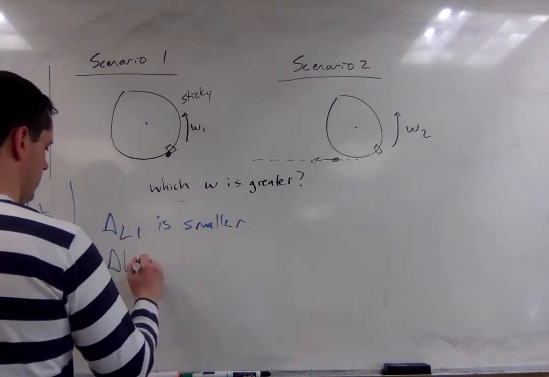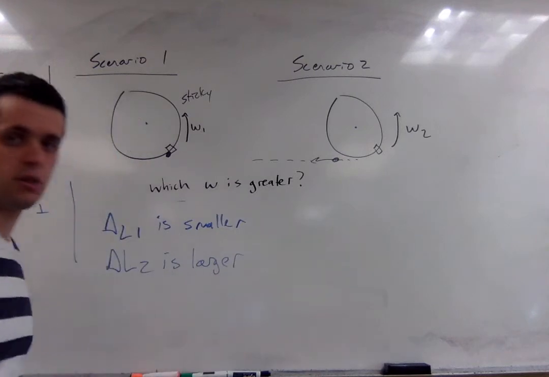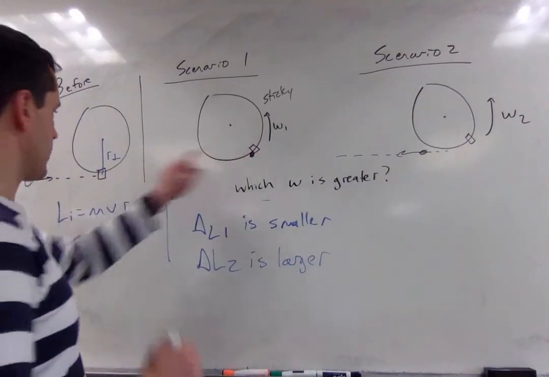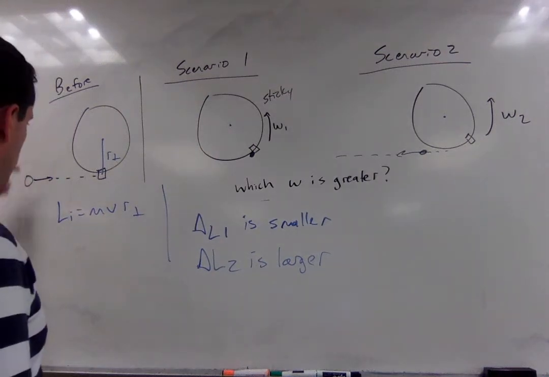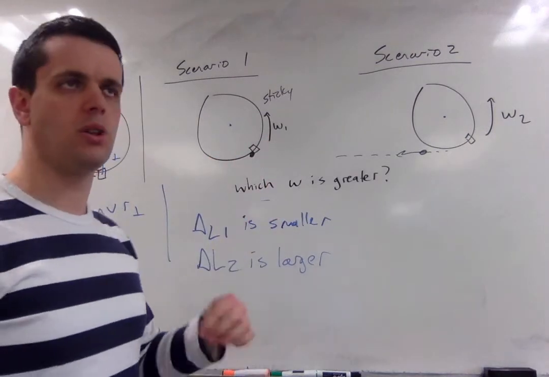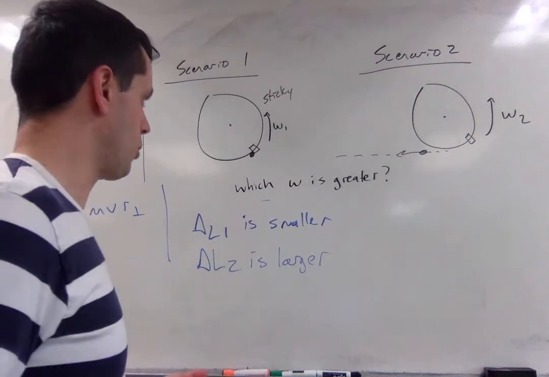And delta L in scenario 2 is going to be larger. The reason for this is because in scenario 1, it sticks. So the angular momentum of the putty before the collision, it's moving to the right, okay? And obviously it's going to be going slower, so it's going to lose a little bit of its velocity, and therefore it's going to lose a little bit of its angular momentum.